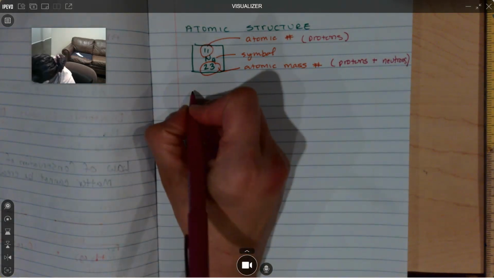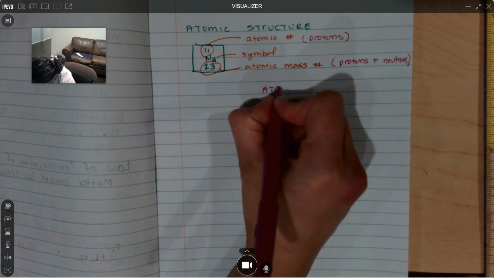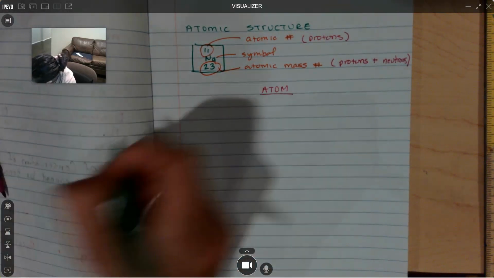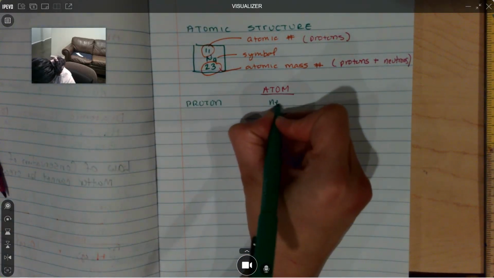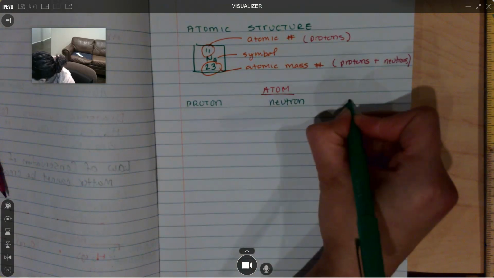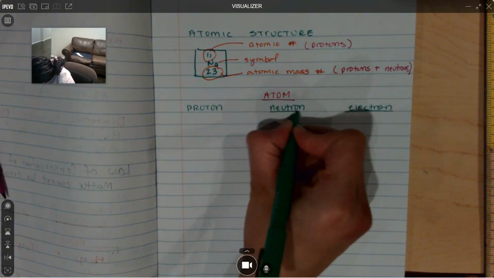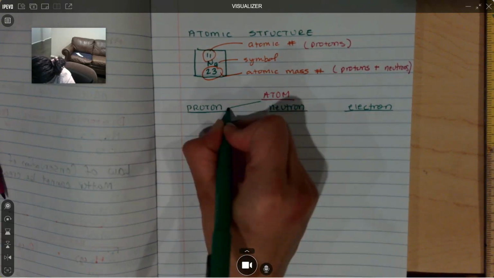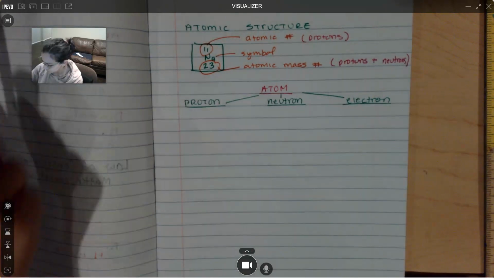Well, an atom is composed of 3 subatomic particles. So our atom is composed of the proton, the neutron, and the electron. Okay, so an atom is composed of all of those.